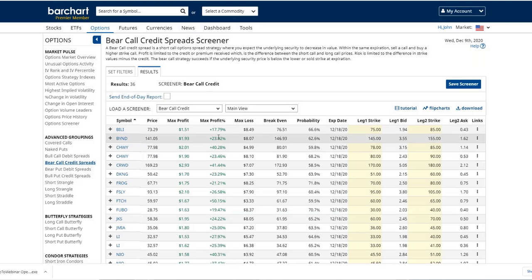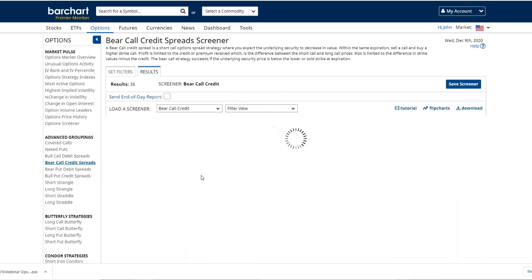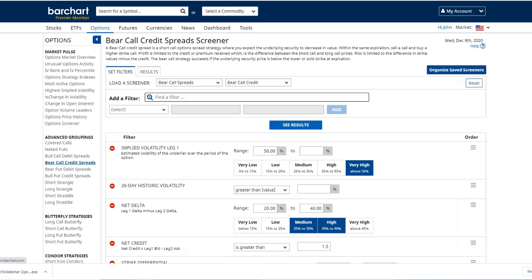So again, under my view here, James, what I look for, and I use this for both my calls and my credit and debit ones, is that net delta between 20 and 40. Just from my personal experience, these are the trades that work.